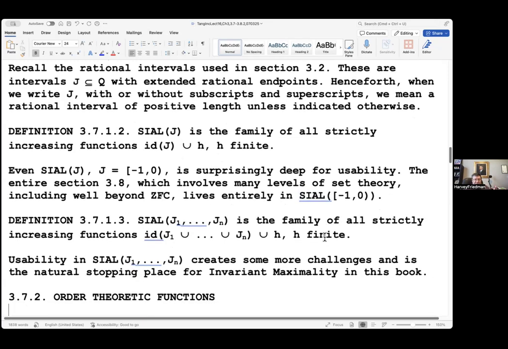So in other words, if I just look at the identity function on this interval (-1, 0), together with a finite function, I get already extremely deep phenomena where levels of set theory are involved.